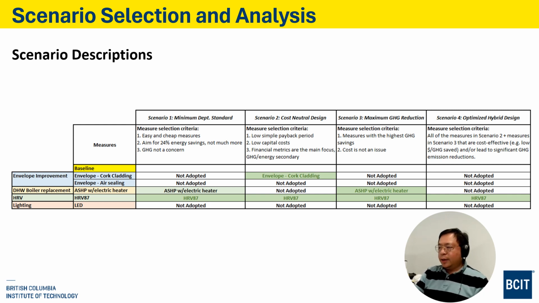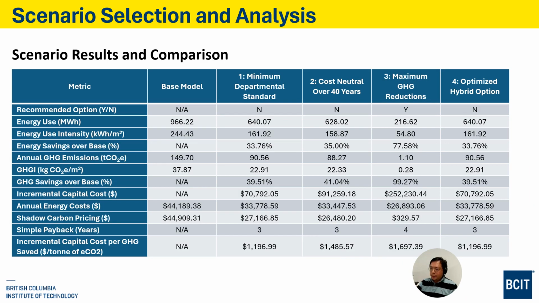And for the final one, we combine scenario two, that means the cost and also the greenhouse gas reduction. We come up with the HRV implication. So here is the table to show the result. We classify every scenario into different parameters like the energy use, the GHGI, the annual energy cost, and simple payback, and all the figures are shown in the table.